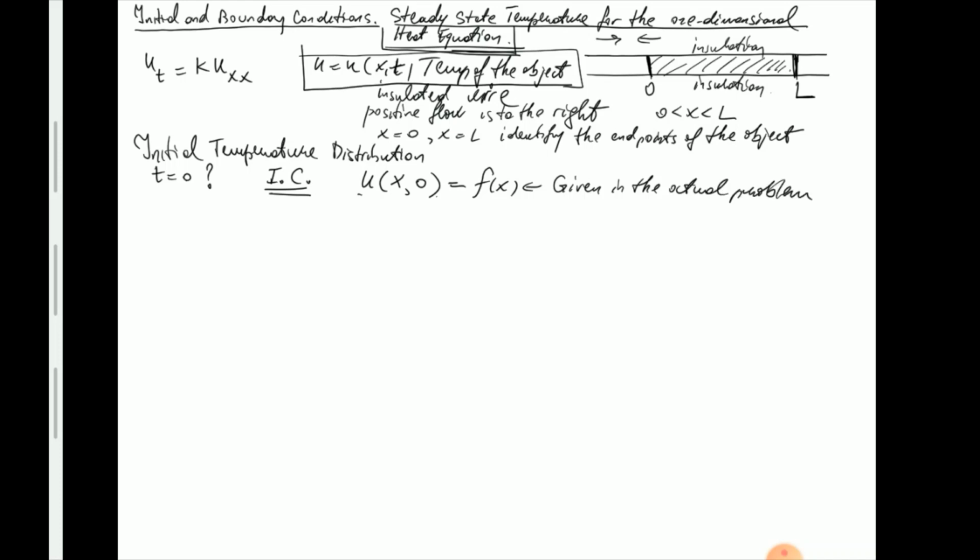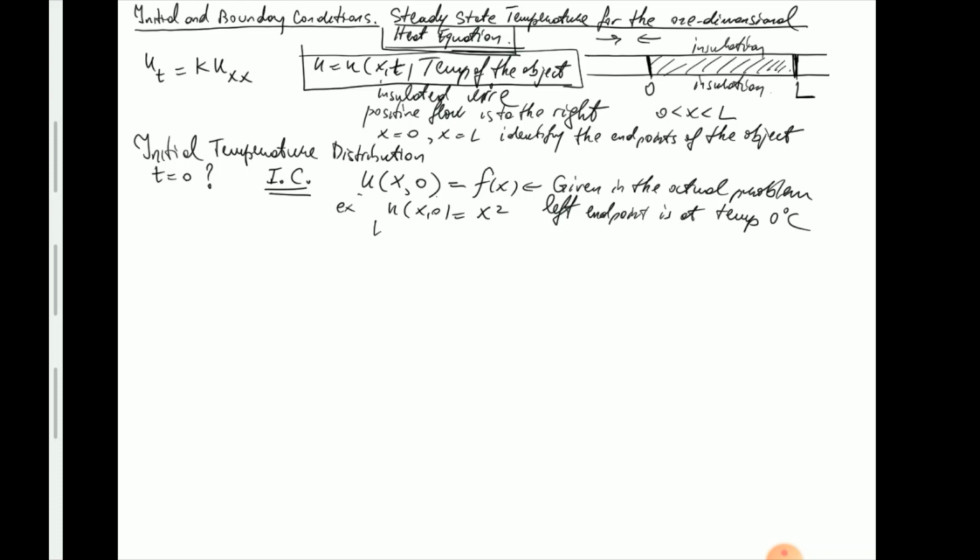So for instance, let's say you have an object that is hotter at the right hand point than on the left side. Okay, so an example could be to say u(x,0) will be x squared. Knowing that x equals 0 is the left endpoint, that'll mean that the left endpoint is at temperature 0 Celsius, let's say.